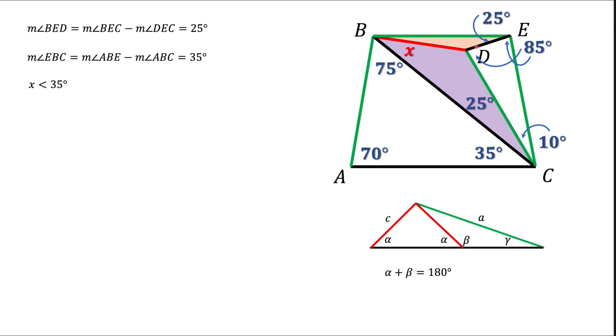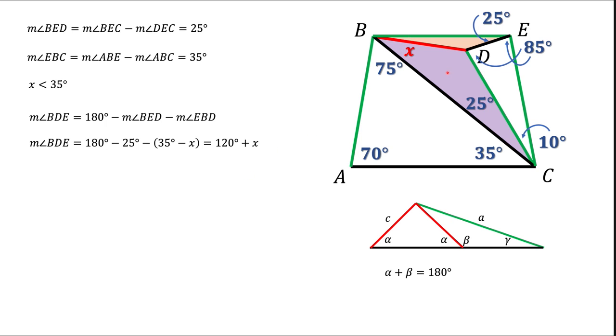On the other hand, when we talk about this angle BDE, this angle from the peach triangle is 180 minus this angle E of 25 degrees and minus this angle B. And this angle B right here, EBD, can be calculated as this big angle of 35 degrees minus this angle X. And we're going to get this angle BDE is 120 degrees plus X. Since X is positive, the angle BDE is more than 120 degrees, and obviously that is different from the angle X, which is less than 35 degrees. So those angles are different.